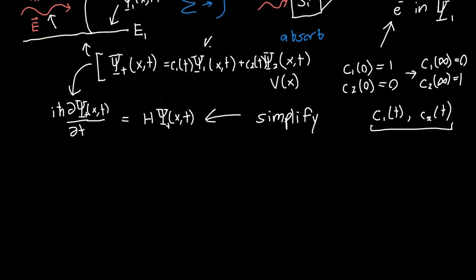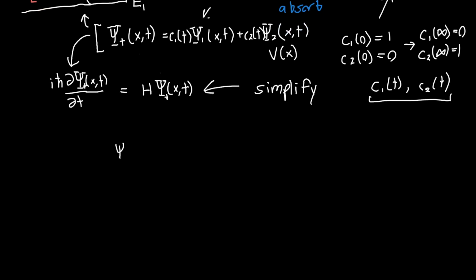But before we plug it in, let's make one last simplification. We know from previous videos that we can write psi1, if it's an energy eigenstate or has some well-defined energy, which it does, we said that it has some energy E1, as some wave function, which is just a function of space, times e to the minus i omega 1 t, where omega 1 was defined as the energy of that state over Planck's constant.